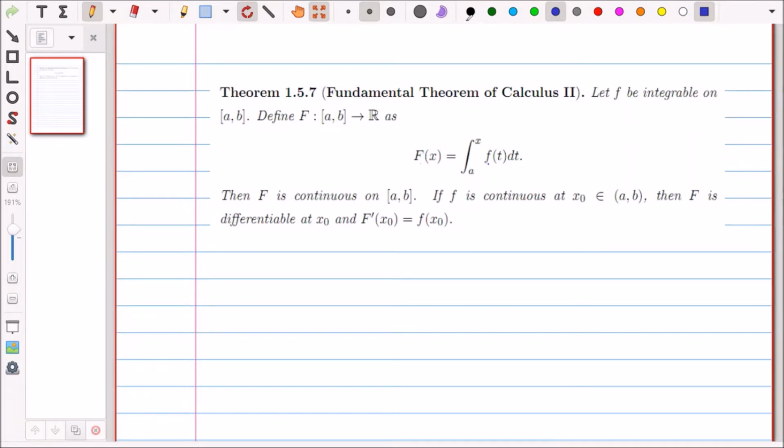So let us start with the proof of this theorem. First, we are given that the function is integrable, so it is bounded.